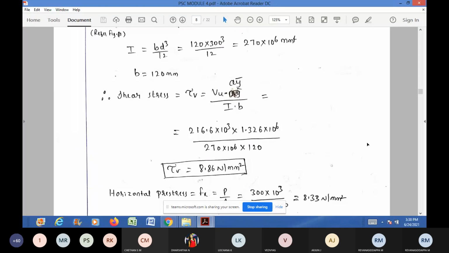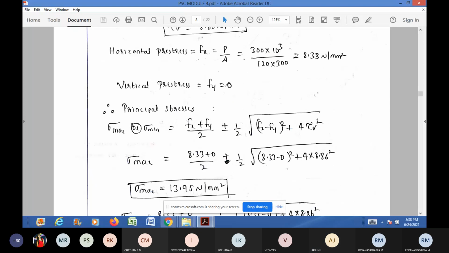Check whether you are getting that answer or not. 8.86 Newton per mm square. Yes, sir, 8.86.